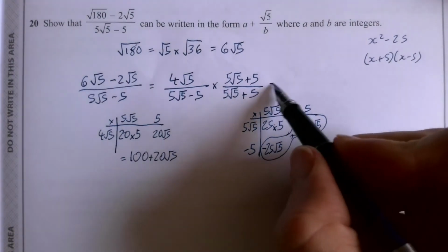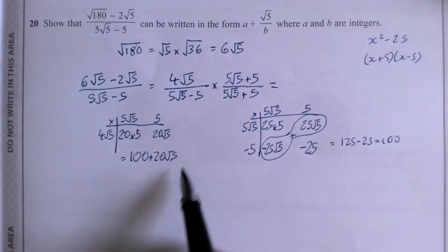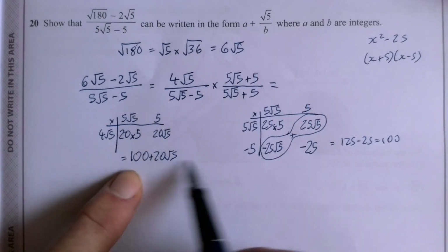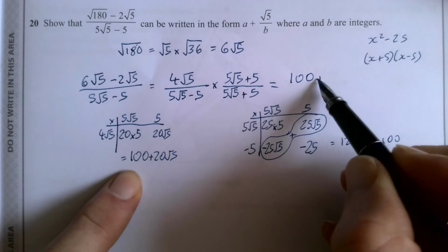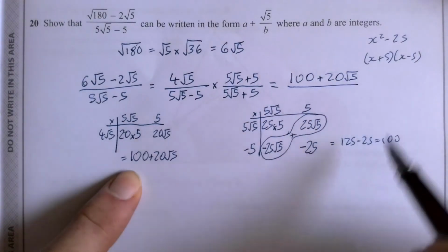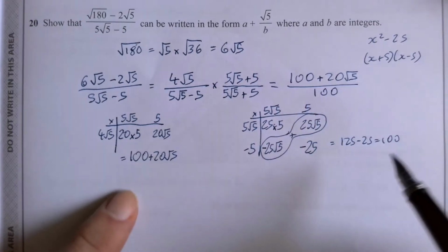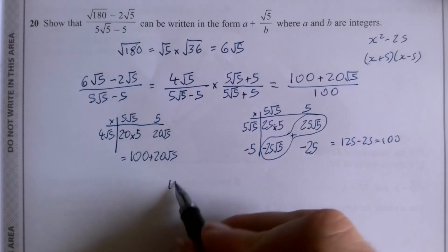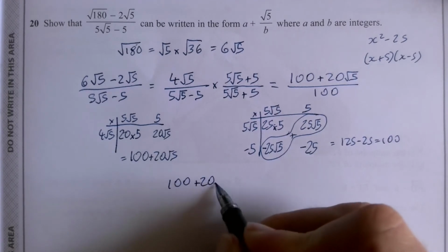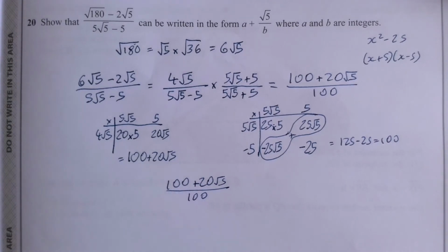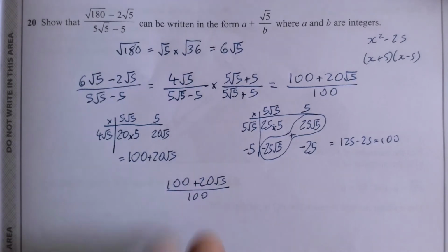Now, I can put those into here. So the top, the numerator, was this one here, wasn't it? 100 plus 20 root 5 all over 100. That's not quite looking like that yet. So let's write that out again over here where I've got a bit more space. And remember when you first learnt to add fractions, you added the numerators if the denominator was the same.